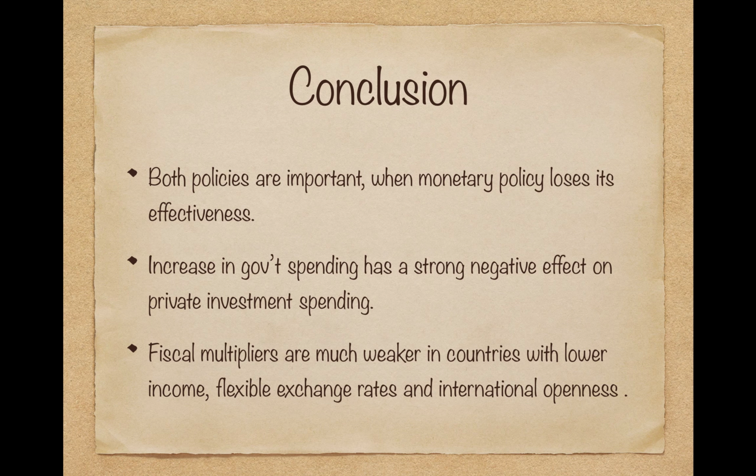So fiscal multipliers are much weaker in the short run, but they provide much better results in the long run. Also, we have to understand the differences between countries. From the research we've done, we can conclude that in countries with lower income or flexible exchange rates, where inflation is relatively high and exchange rates are not stable, the fiscal multipliers don't work as well.